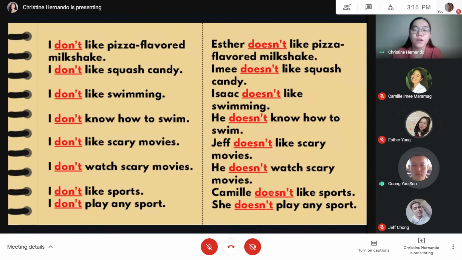Okay, so if I say that my friend and I love going to concerts, what is the subject in the sentence that I've just given? My friend and I love going to concerts. That is an affirmative sentence, right? But when we change it into a negative sentence, it would be my friend and I don't love going to concerts.